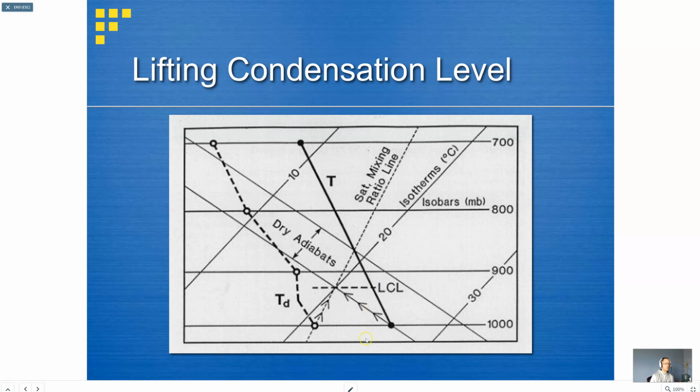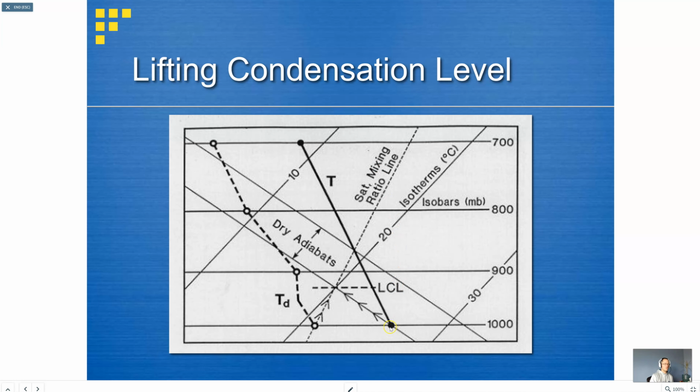At the same time, we're going to take our surface temperature and look at the dry adiabatic line, the one that moves from the lower right towards the upper left. The point where this line, the sketch we make on the dry adiabat, and the one on the saturation mixing ratio line intersect is going to be known as our lifting condensation level.